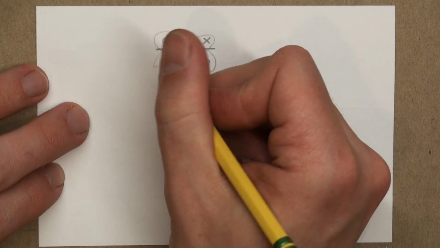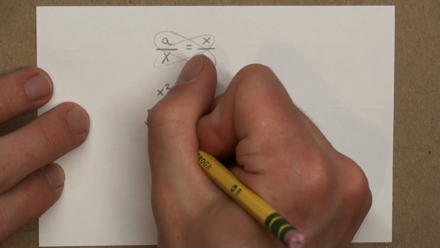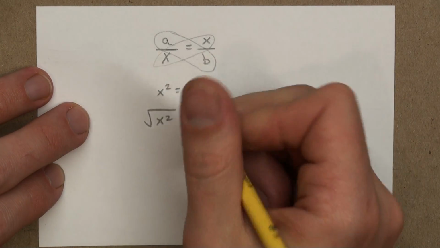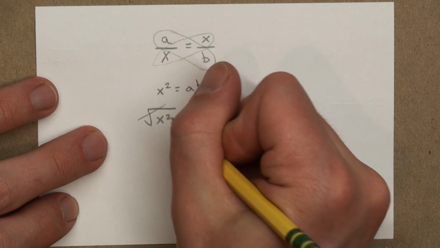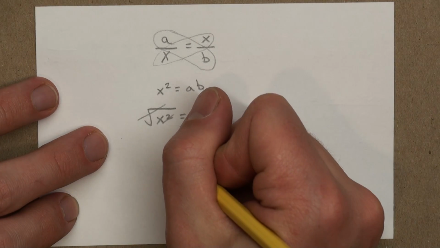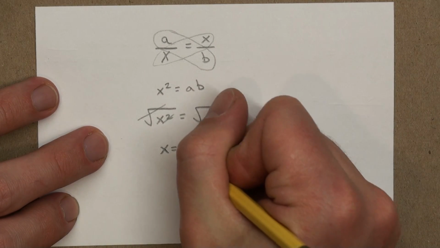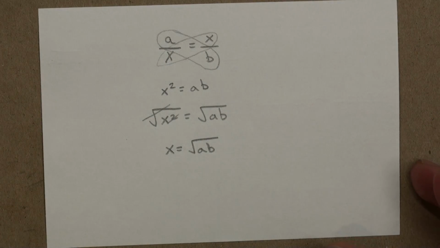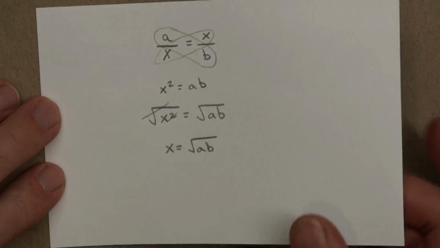And then I would take the square root of both sides, and then this would cancel with that. So then X would equal the square root of AB. So that's how we get that X equals the square root of AB. Okay? So you could stick that in 109. Okay?